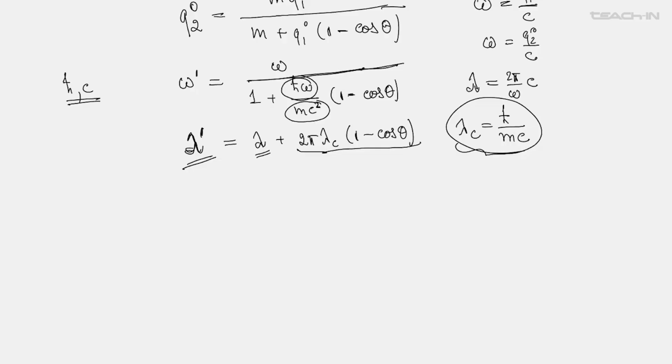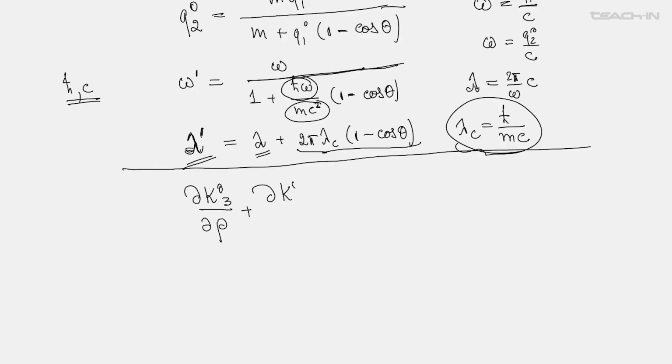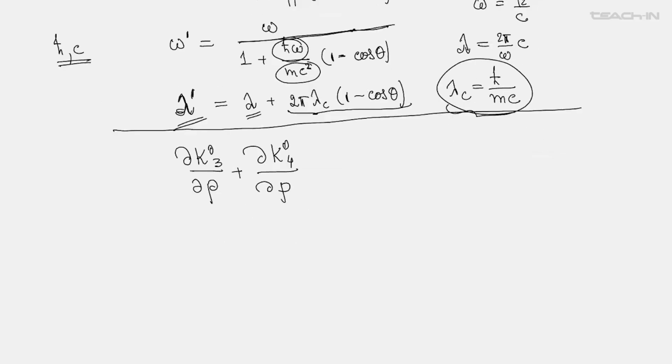But there we needed to compute this Lorentz invariant phase space measure. We needed to evaluate such a quantity where K03 and K04 were energies of two outgoing particles, in the case when in the final state we have two particles, and we do have two particles.